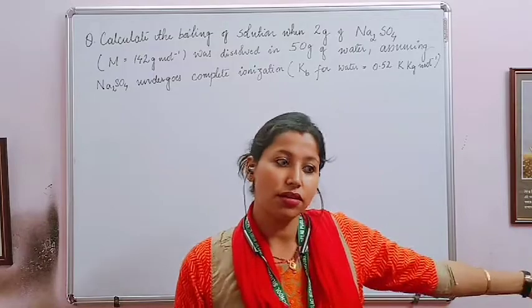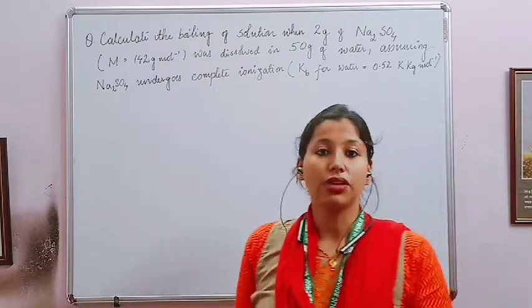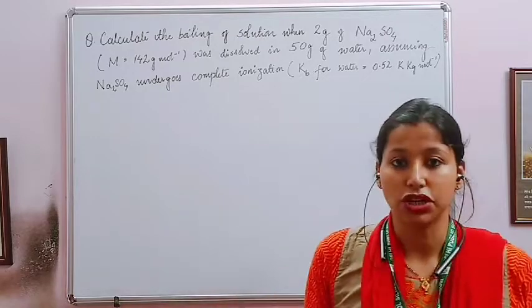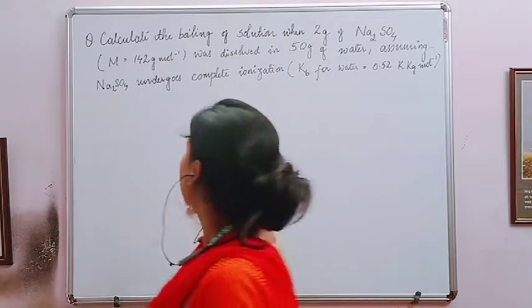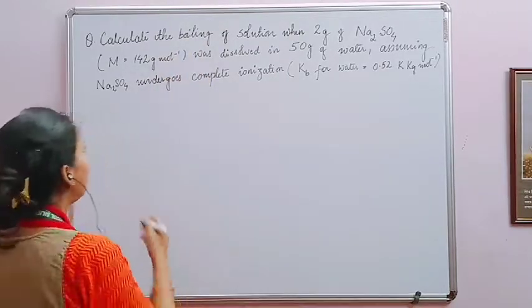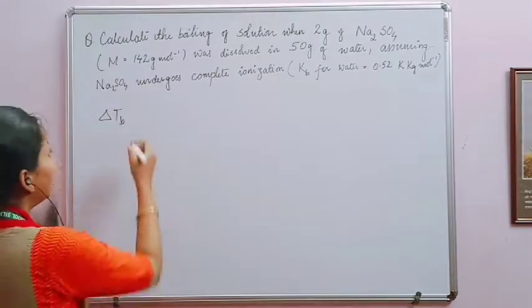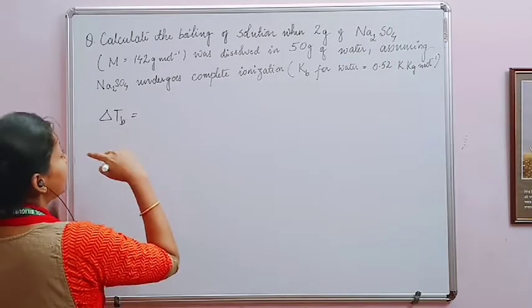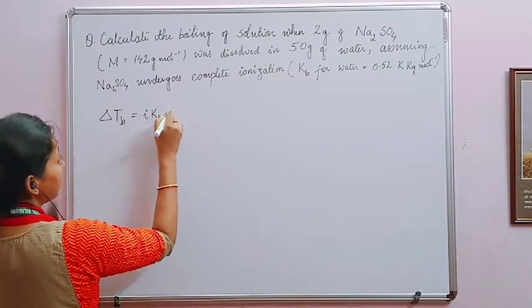Now, just a few minutes back, we discussed that if your electrolyte undergoes association or dissociation, the relationship for colligative property is modified. Here it is given to calculate the boiling point of the solution. So I know that delta Tb has to be calculated. Using the Van 't Hoff factor, the relation is delta Tb is equal to i Kb m.